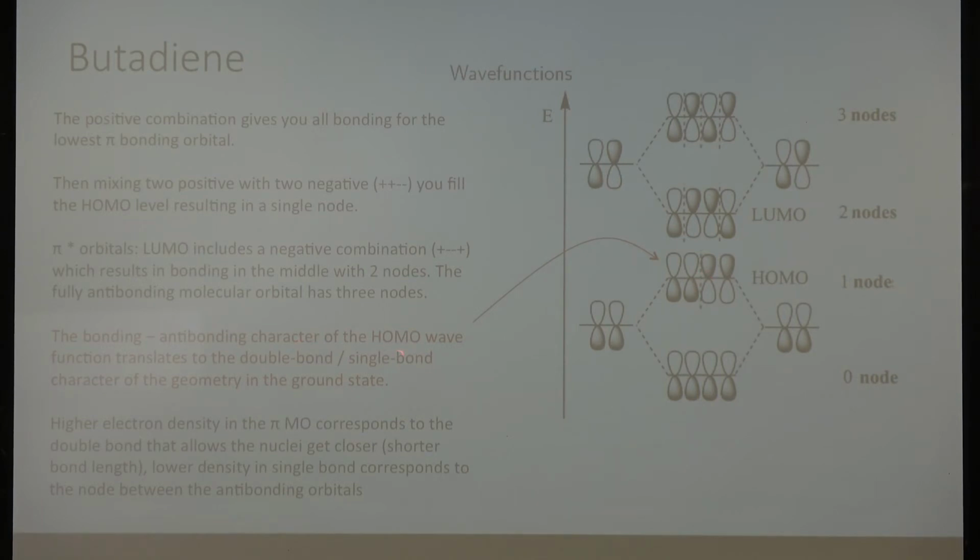And this translates, this is a different representation of this double bond, single bond interaction. They're showing these as being occupied. I mean, there are no electrons here. It's just showing what the orientation of these orbitals would look like in these higher orbital situations. These are where your electrons are, right?